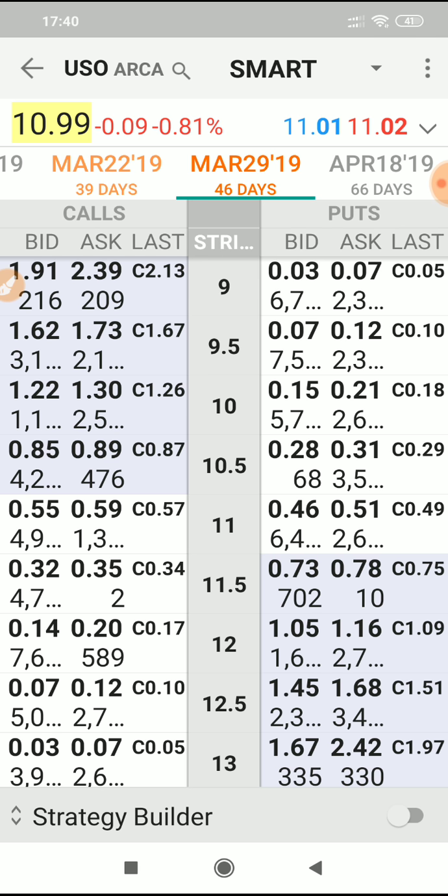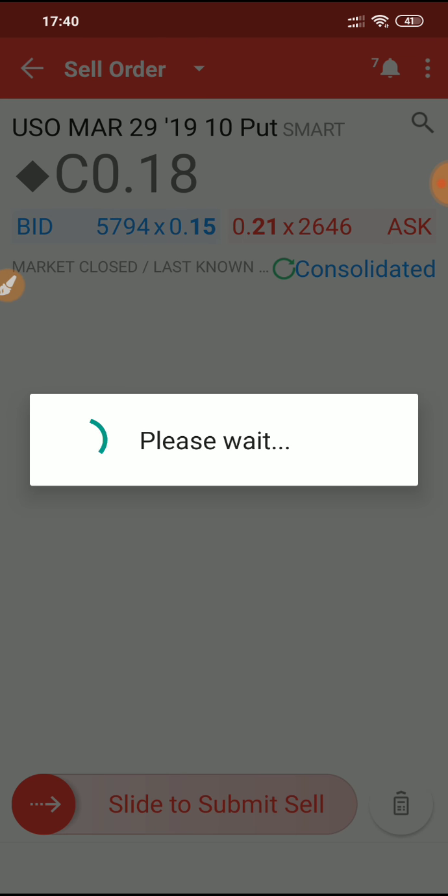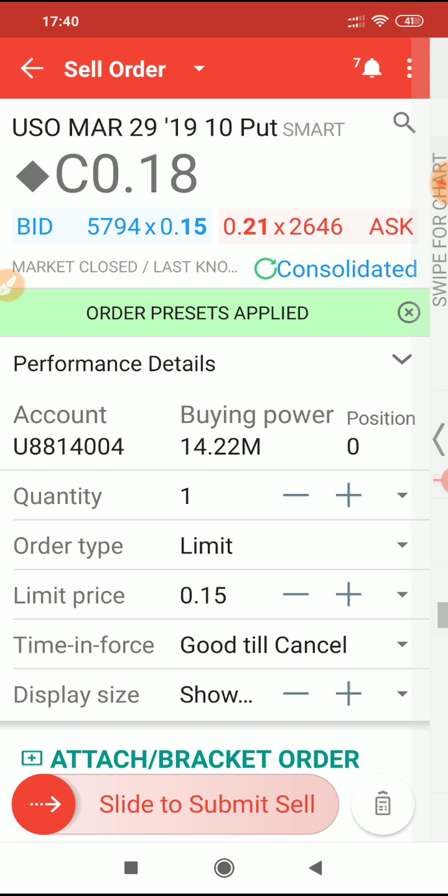I'm going to choose the 10 strike. If I tap the 0.15 to indicate a sell order, I can go through to the order page and make some adjustments. The C at the top indicates that this was at the last close of market, because the market isn't open at the moment. So I'm putting in a trade for the market open.